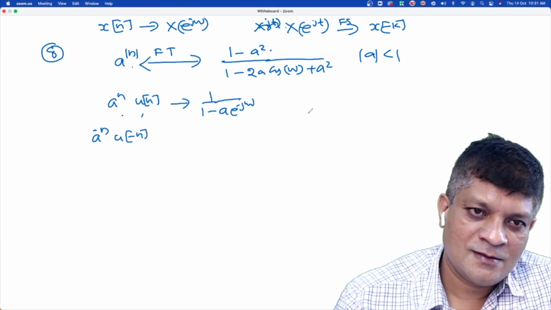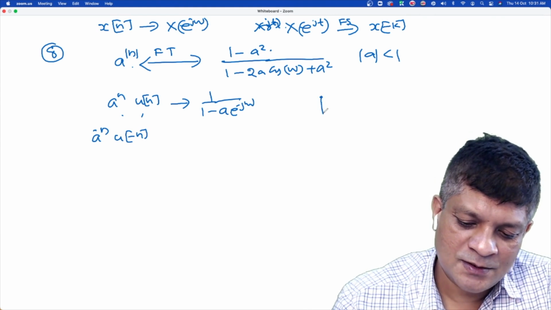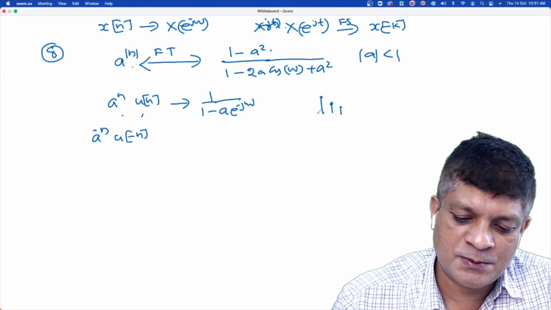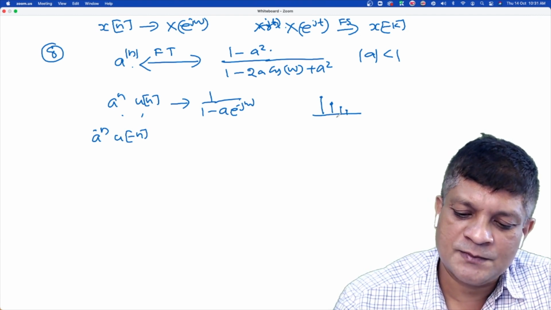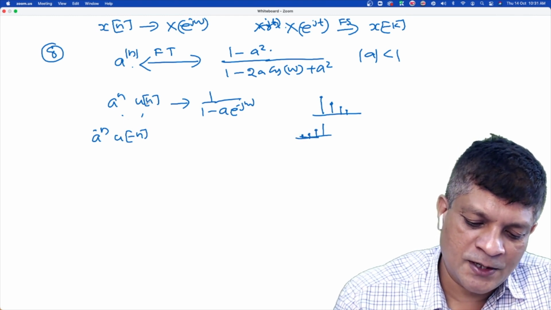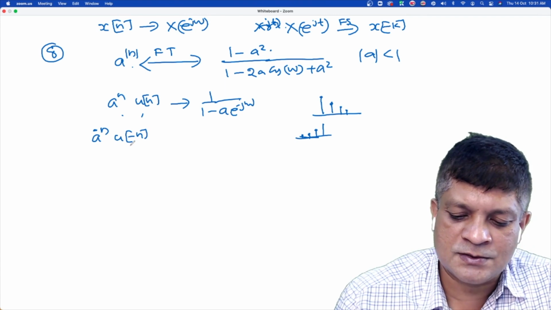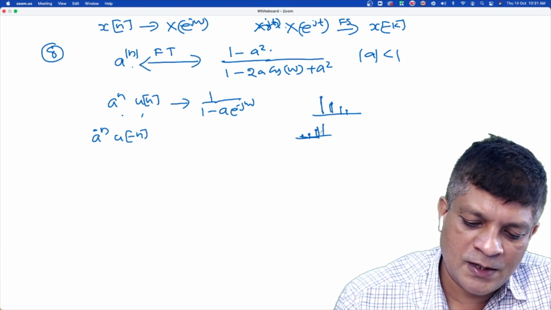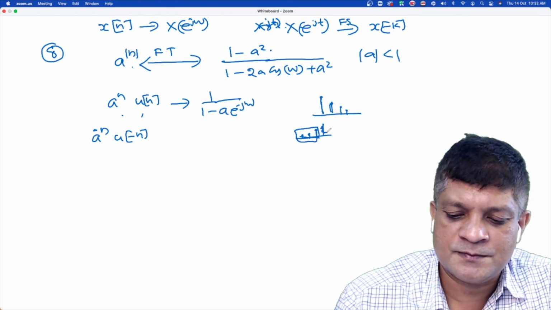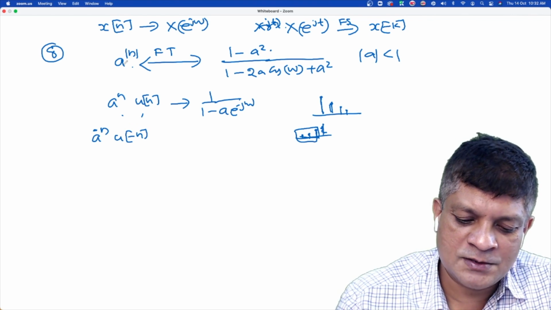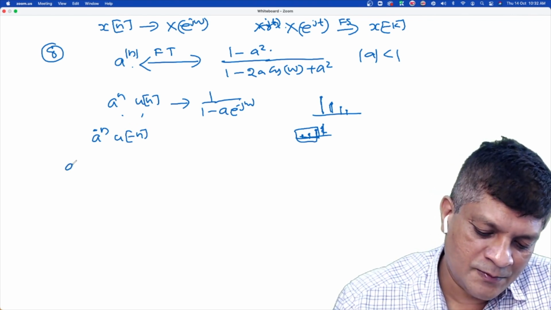At n equal to 0, because if we consider a less than 1, it is an exponentially decaying sequence. Now if you flip this, you get this, isn't it? That is, if you put n equals to minus n, you will get this negative flipped version. Since this is already there, we need to add only this portion, isn't it? Then if you add these two, you will get the result. So tell me, what is the expression?